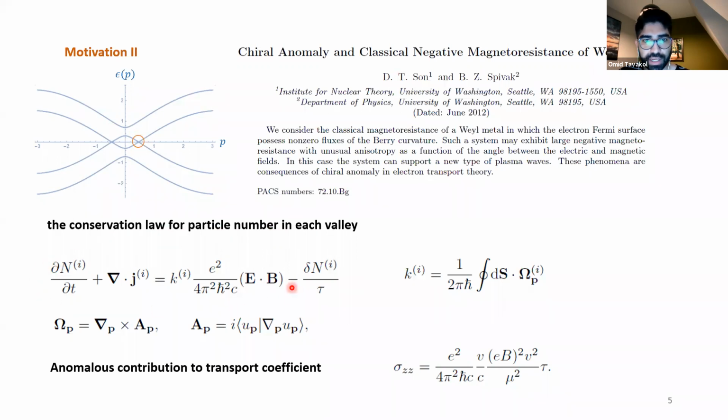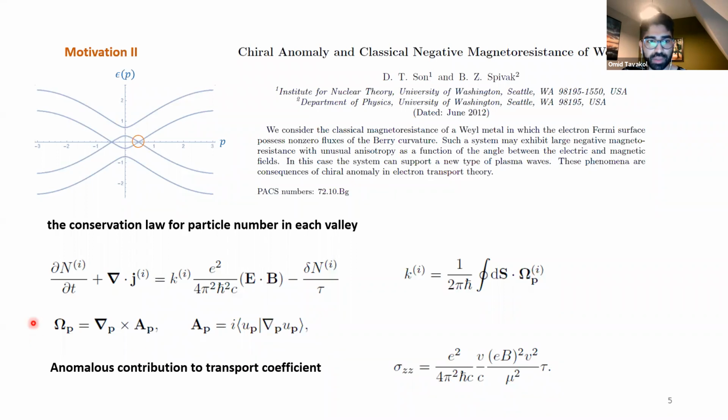You can see here, if you take the limit tau goes to infinity, this contribution goes to 0, but we still have some non-zero contribution coming from the well-known chiral anomaly, proportional to E dot B. And this coefficient here, K, is actually defined by the Berry curvature.